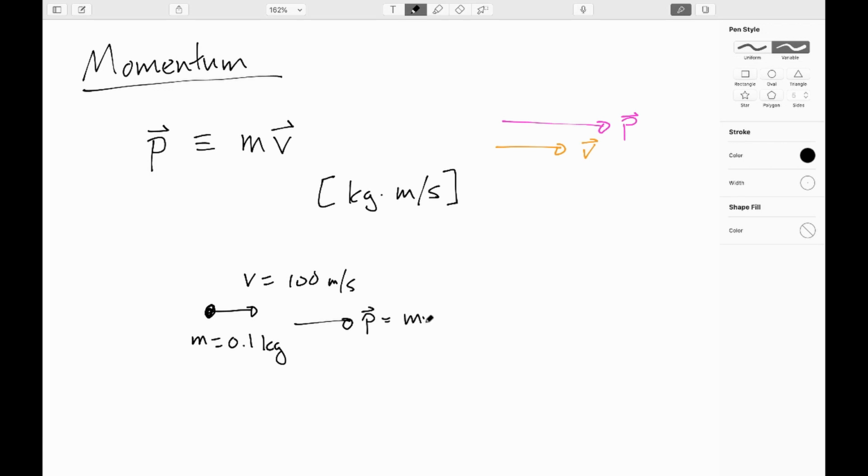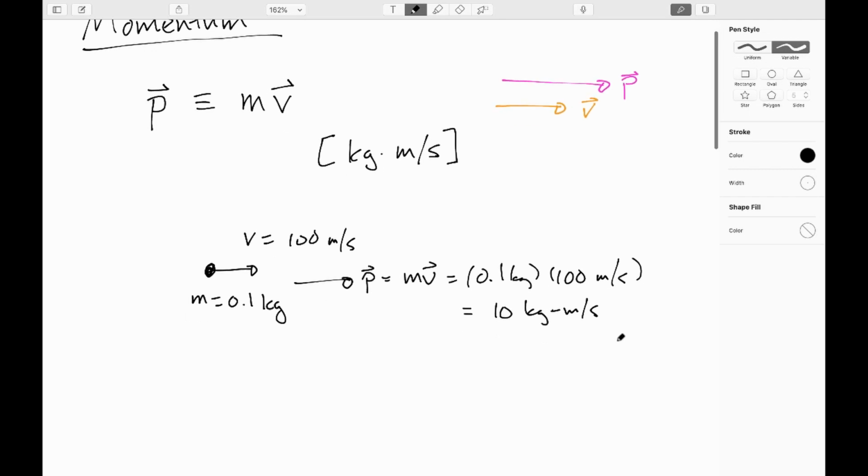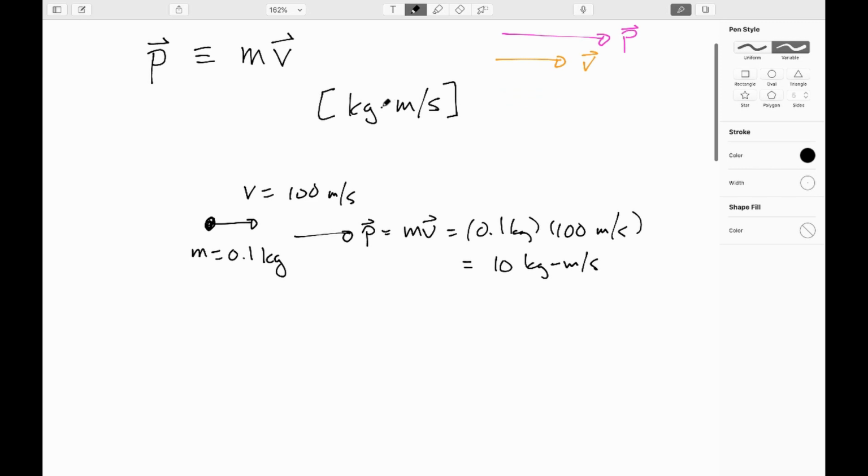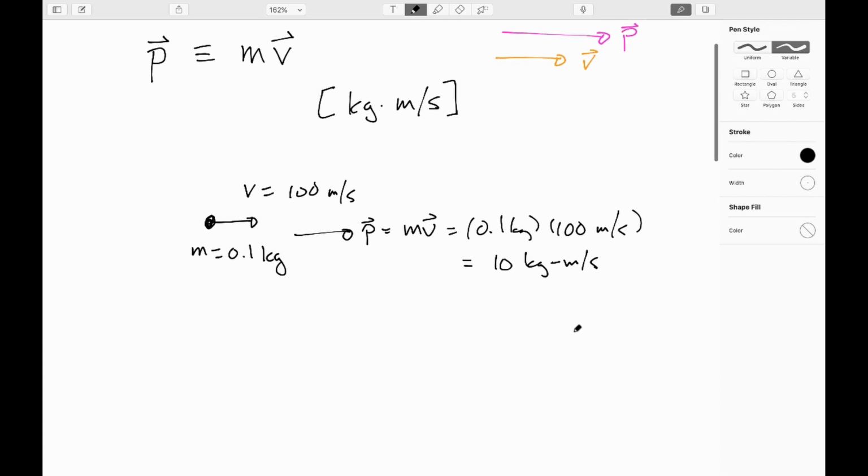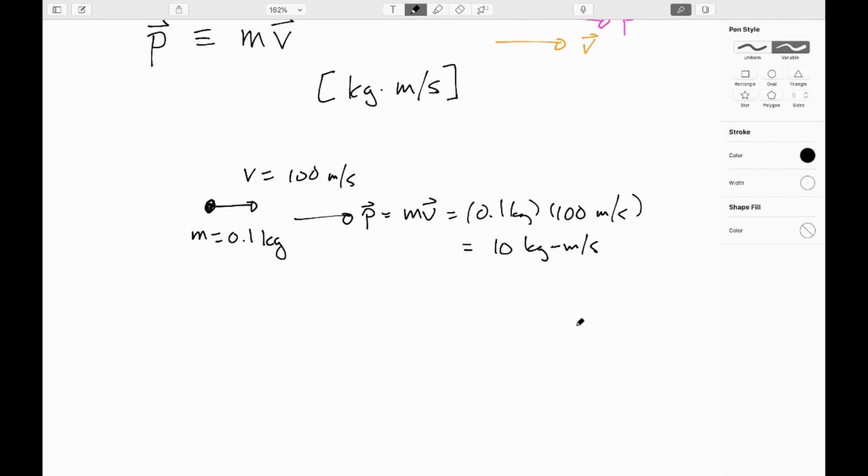It would be equal to mv. So that would be 0.1 kilograms times 100 meters per second. And that would equal 10 kilogram meters per second. By the way, officially they say you should put a dot between units, but a lot of people get lazy and write dashes, so it's the same thing. We're not subtracting.